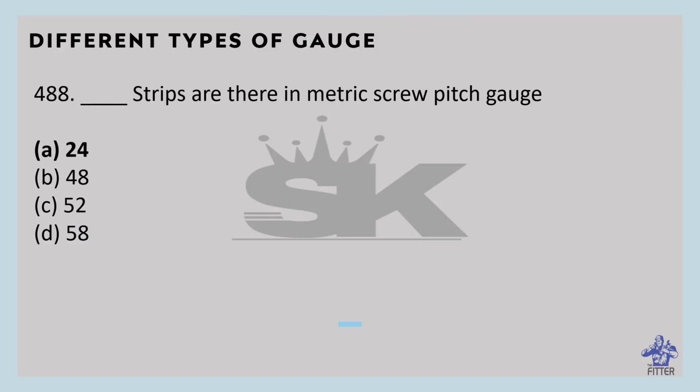A screw pitch gauge is also known as a thread gauge. It is used to measure the thread pitch or lead, number of threads per inch, and also the thread angle of a screw.